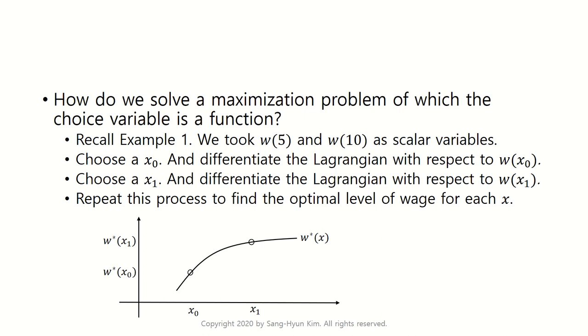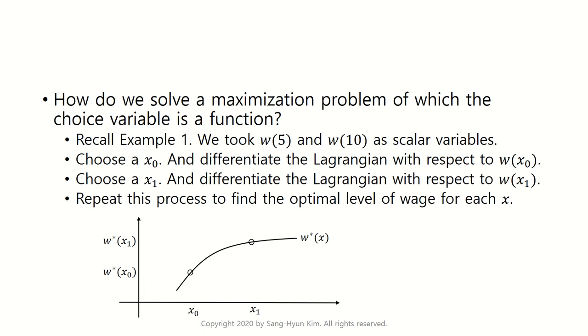It sounds difficult, but we already have done it in example 1, right? In example 1, we took this W5 and W10 as scalar variables, as if there are two choice variables, W5 and W10, and then we differentiated the objective function with respect to these two variables.